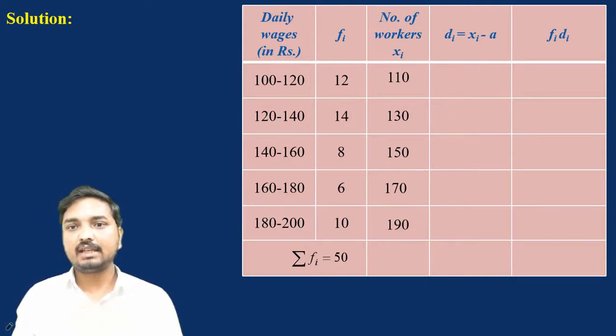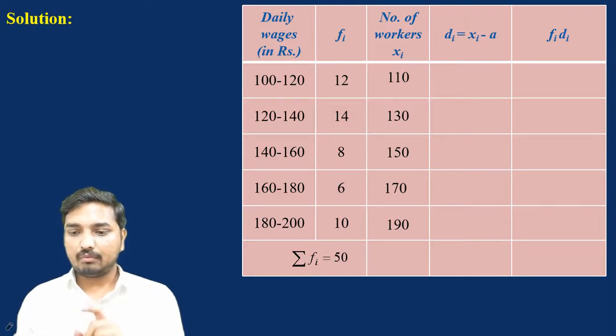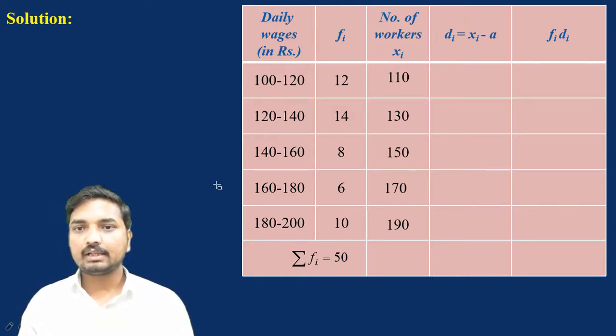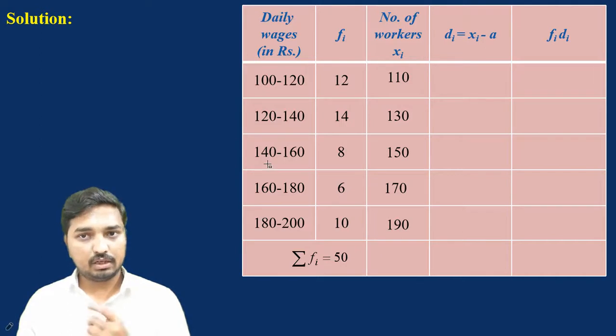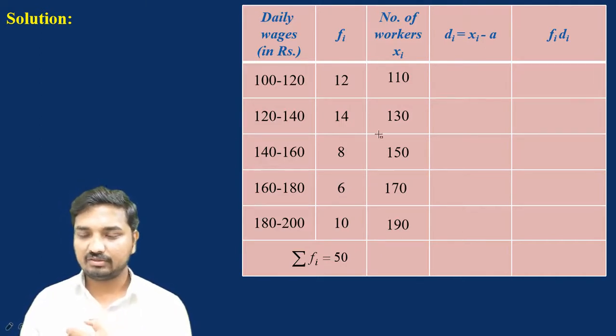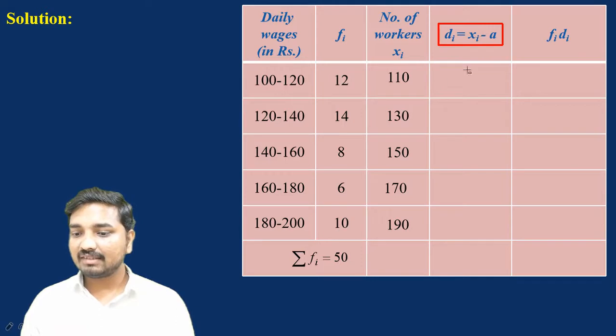So now the next thing is very important. I'm going to write directly here, because it is already known to you from before: in the discrete frequency distribution you have understood how to find di, that is xi minus a. Here xi is now generated, and a is the assumed mean.